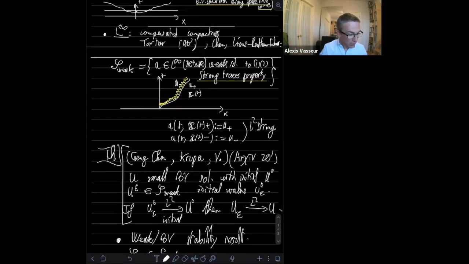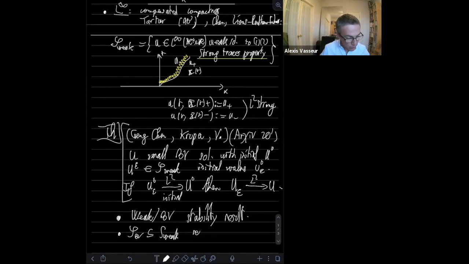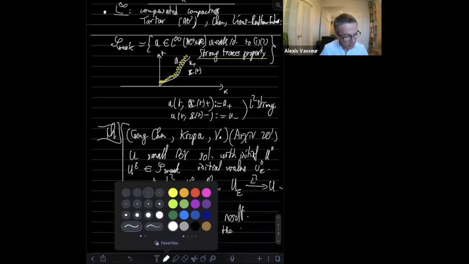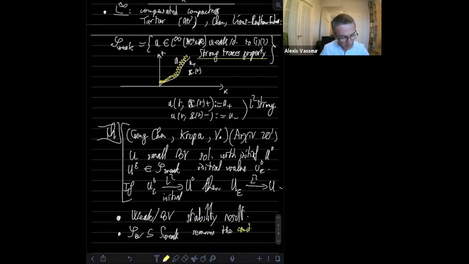So this removes the condition of Bressan, and I think it's really the first improvement of a uniqueness result in this direction since 2000.